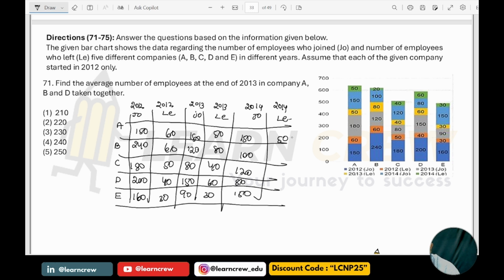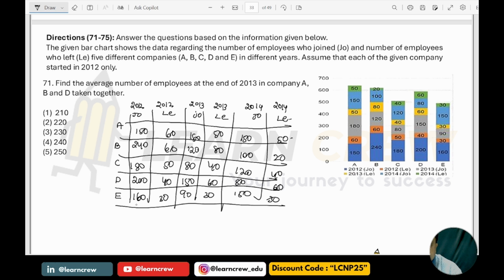And 2014 LE: for A it is 50, then 20, 40, 60, 30. Done. Now find the average number of employees at the end of 2013 in companies A, B and D together.